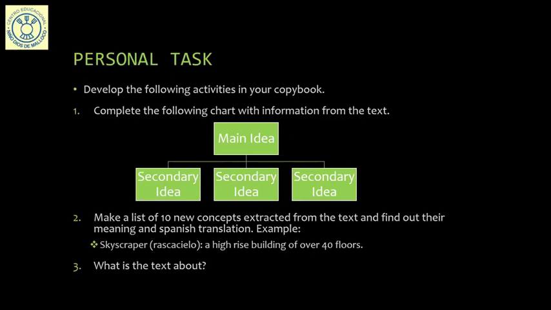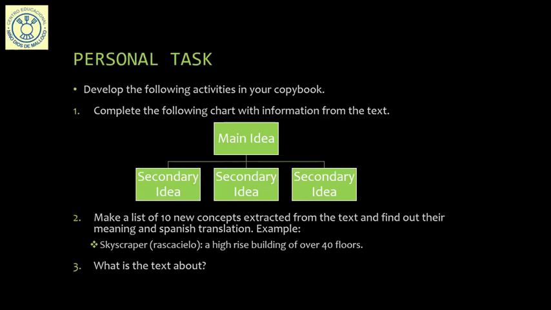Number 2, you are going to make a list of 10 new concepts extracted from the text and find out their meaning in the Spanish translation. For example, skyscraper, it means rascacielos in Spanish, and the definition or meaning is a high-rise building of over 40 floors.